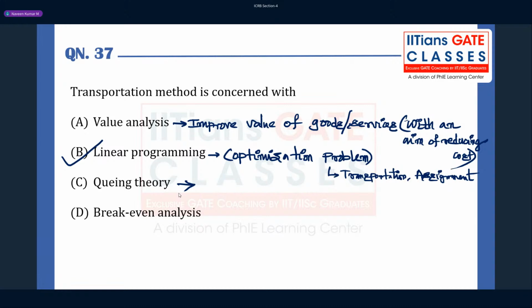When we have to wait for something, it's a simple queue where if you want to get some service, you'll stand in a queue to get the service. It affects the service oriented industries mostly.